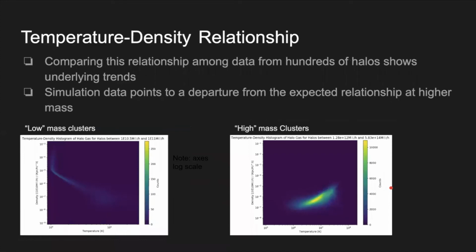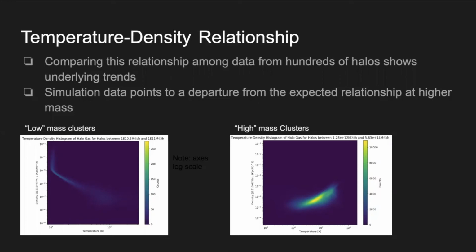All right, so that gives some information on the relationship within one halo itself. But a better question would be, what is this trend across all halos or many halos? For that, I familiarized myself more with Illustris Python, and was able to access the entire simulation itself.